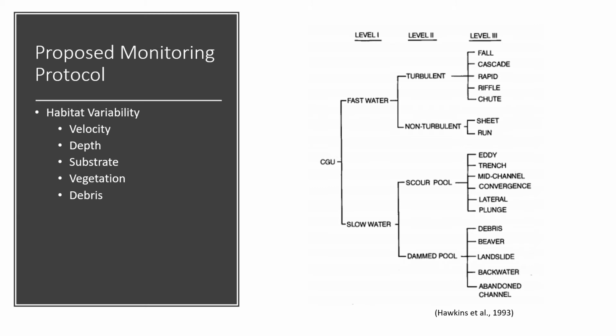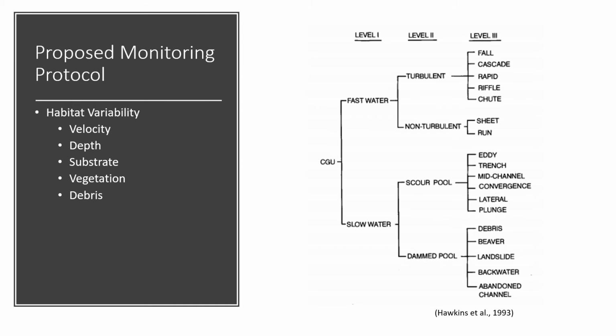I will also identify kinds of substrate, so if it's big rocks, which I'm classifying as over 10 inches, small rocks, which are less than 10 inches, or fine sediment, because if more fine sediment is released from behind the dam, it will fill in all the little spaces between rocks and get rid of those possible places for organisms to live.